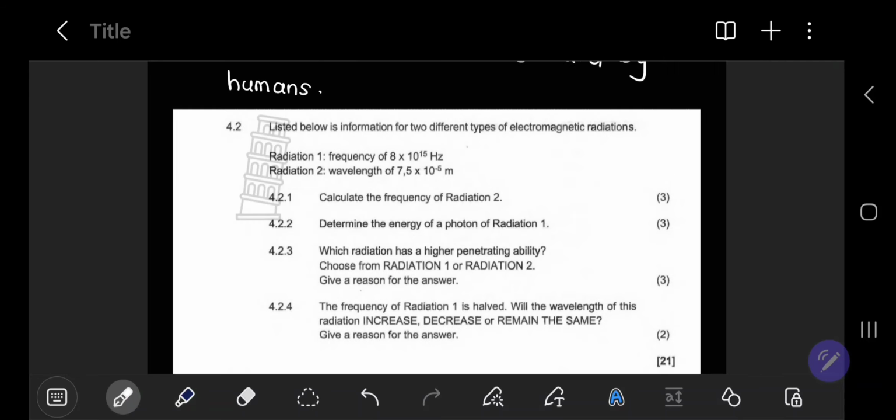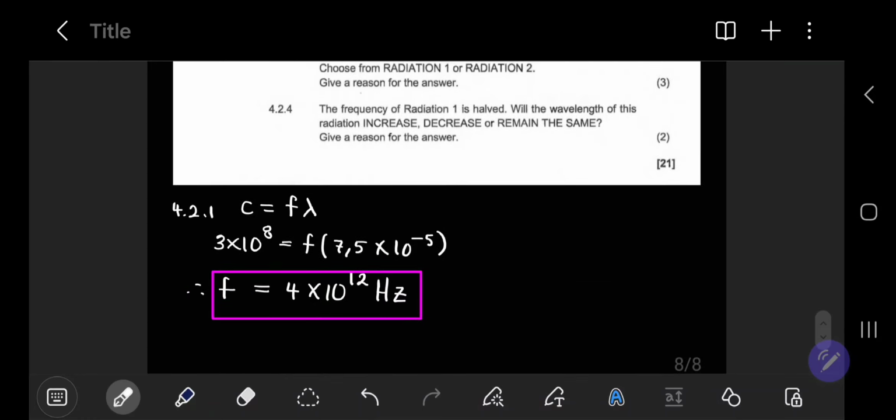Now for 4.2.2, we need to determine the energy of a photon in radiation 1. So we're actually given frequency for radiation 1, and to calculate energy using frequency, our formula is E equals hf. Remember, h is Planck's constant. If you forget this value, it will be on your table of constants at the back of your exam. It is 6.63 times 10 to the minus 34.